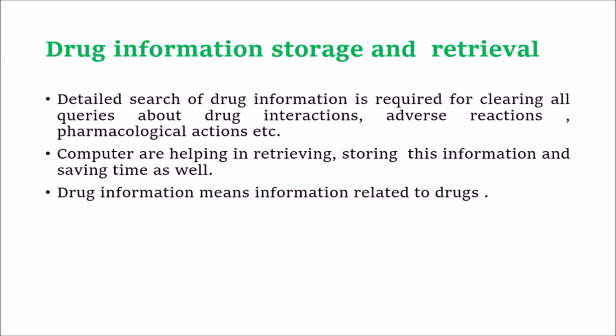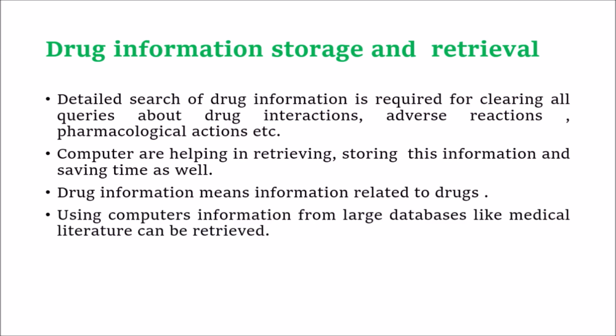Now, what is meant by drug information? Drug information means the information pertaining to the drugs. What is the combination of it? How is it affecting? What are the adverse reactions? How to take it? What are the doses? This is nothing but information related to drugs. Using a computer, you can get information from large databases.